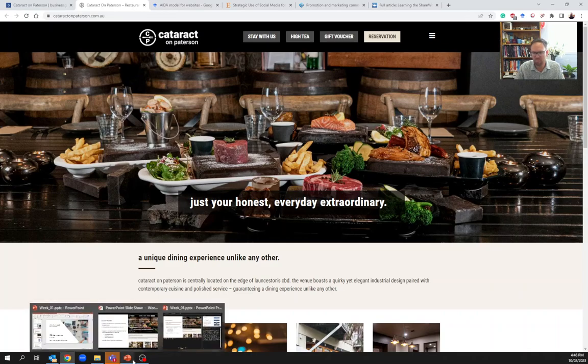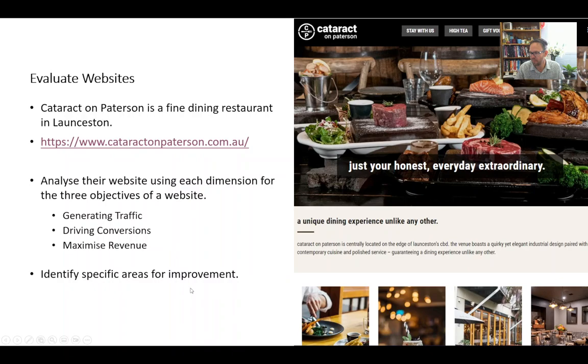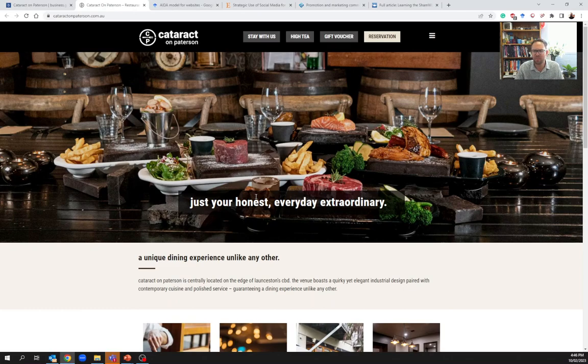So the first one was generating traffic. Do you think there's going to be a lot of traffic going to this website? Now, when you get there, will this website drive conversions? If you're managing a website for a restaurant, your conversion metric probably isn't going to be purchasing online.